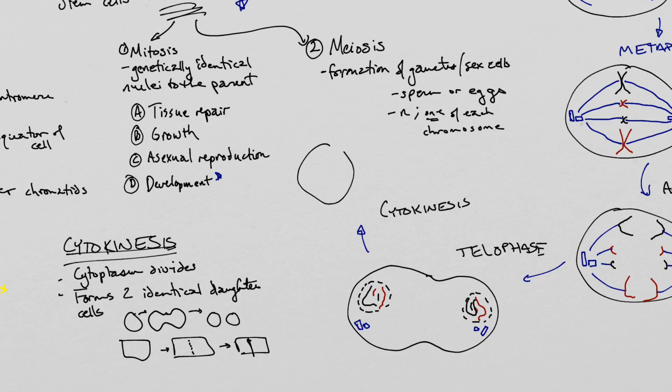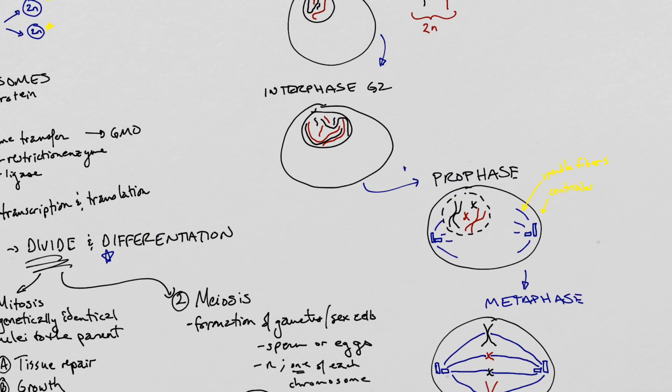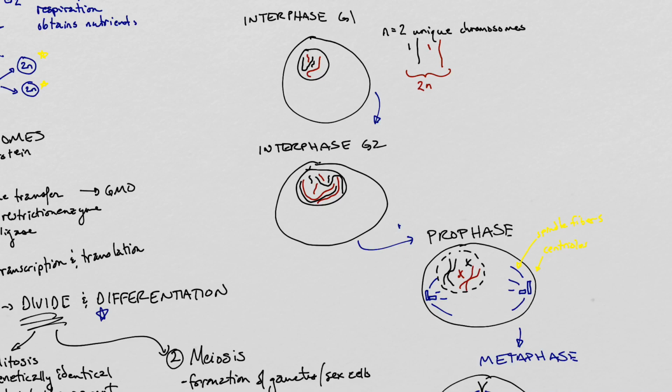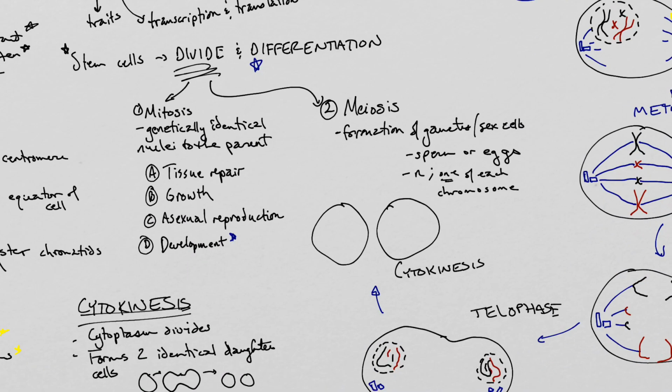We now are going to have two daughter cells that should be exactly the same as what we started with up here in interphase G1. They each have their own nucleus in them with a long and short black chromosome and a long and short red chromosome. And pow, we just drew mitosis happening.